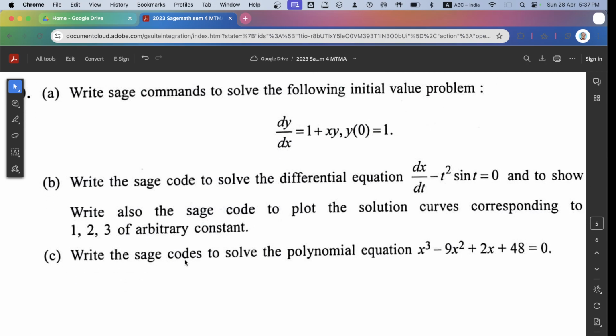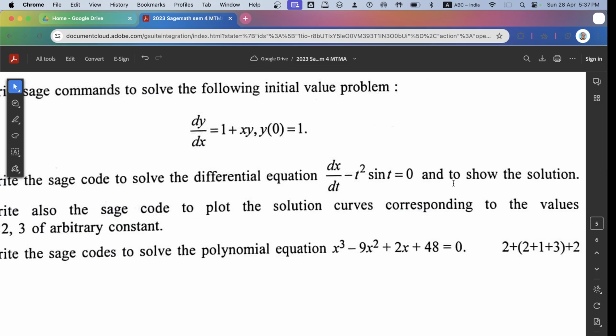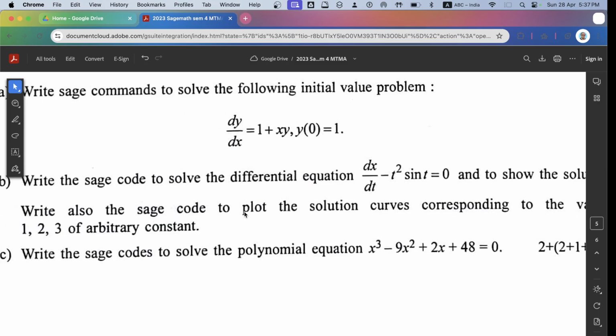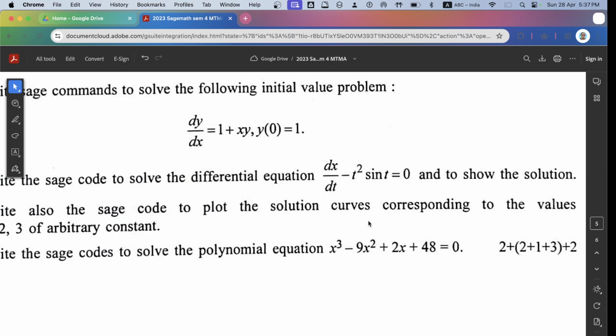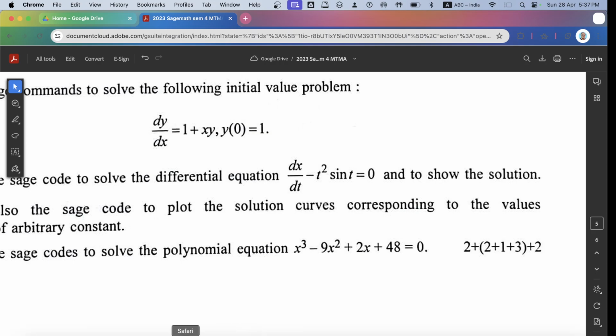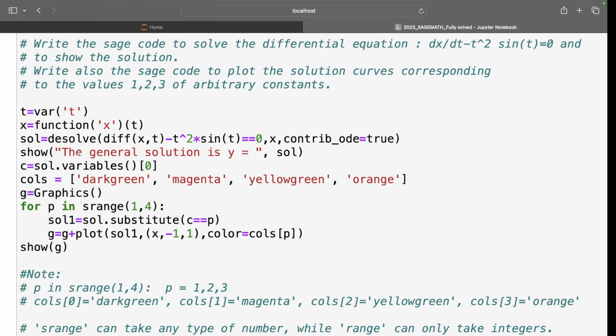Question 10b. Write the Sage code to solve the differential equation dy/dt minus t square sine t equal to 0 and to show the solution. Also, write the Sage code to plot the solution curves corresponding to the values 1, 2, 3 for the arbitrary constant. Here t is the variable, x equals function x(t), where x is the dependent variable and t is the independent variable.